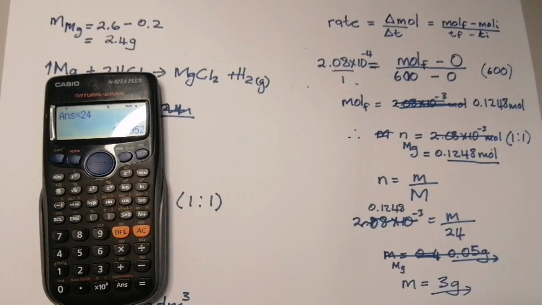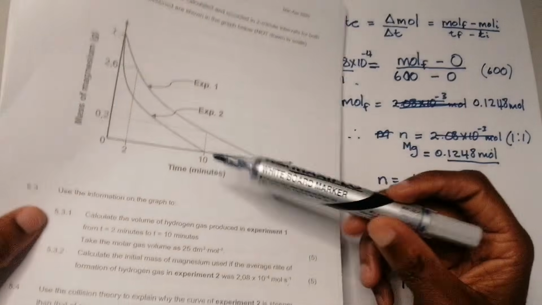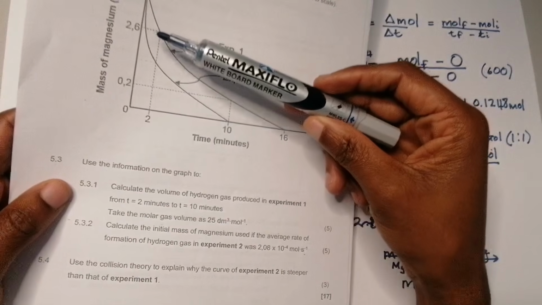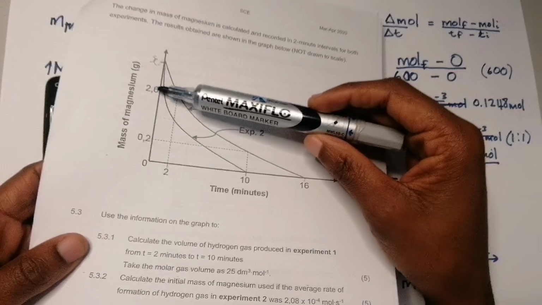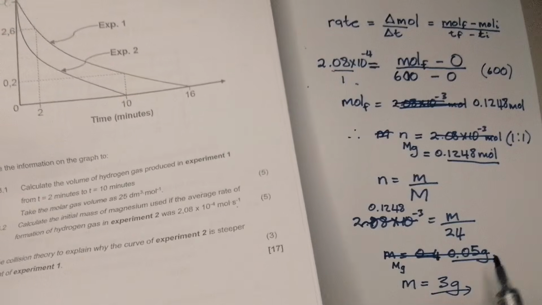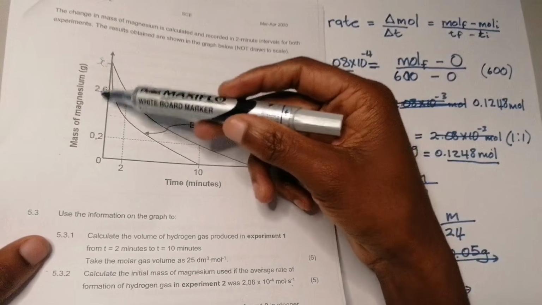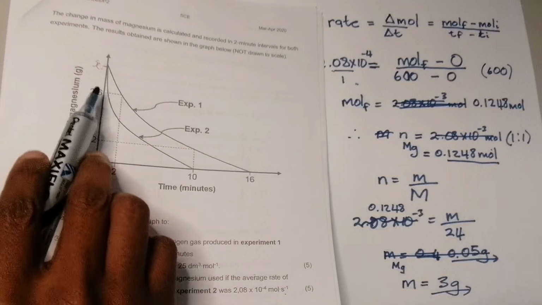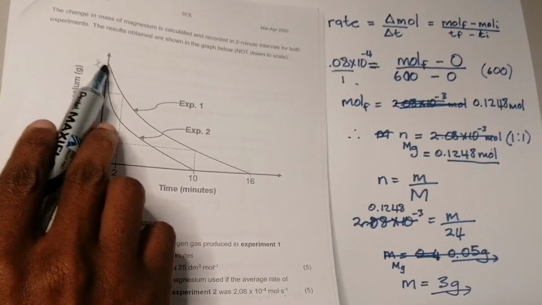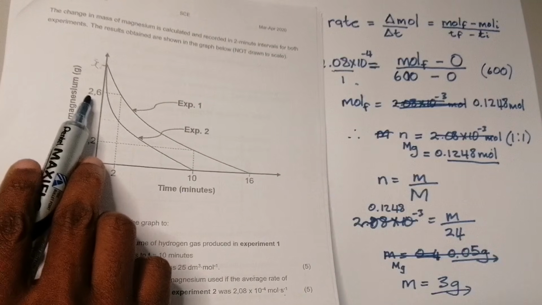Very important. How did I pick up that there was a problem? Note, when I looked at the values on my graph, can you see that at a point my mass was 2.6 grams? It didn't make sense for the initial mass to be less than some of the mass that you have as it was decreasing. So whatever that mass is, it must be more than 2.6, right?